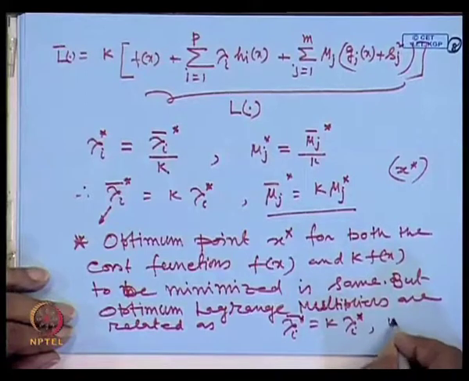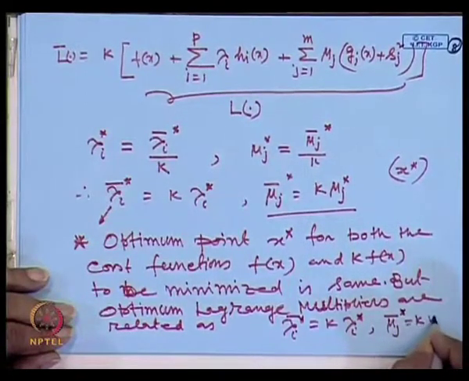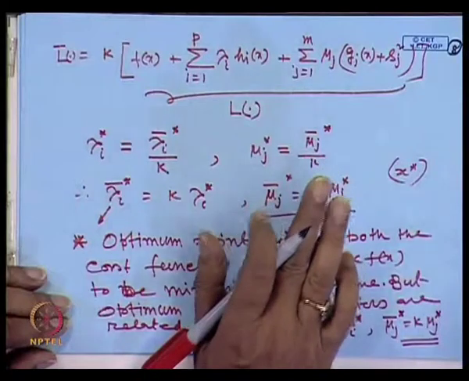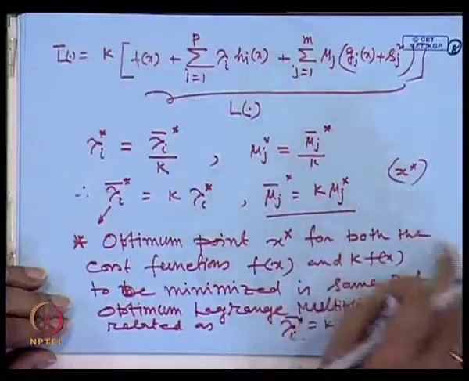Another expression is mu j bar star is equal to k into mu j star. But our minimum value of the function is changed; we have to multiply it by k into f of x at the optimal point. So, this is our scaling of a cost function.